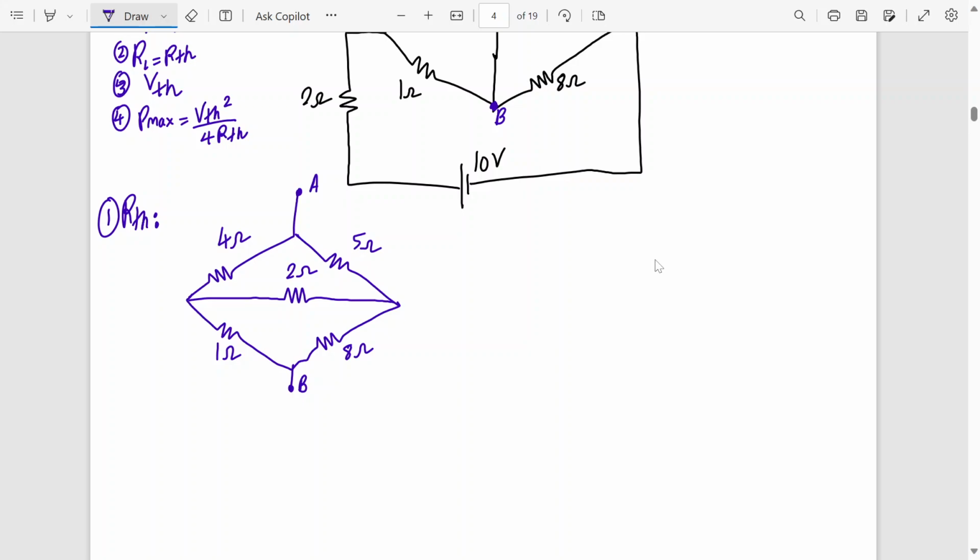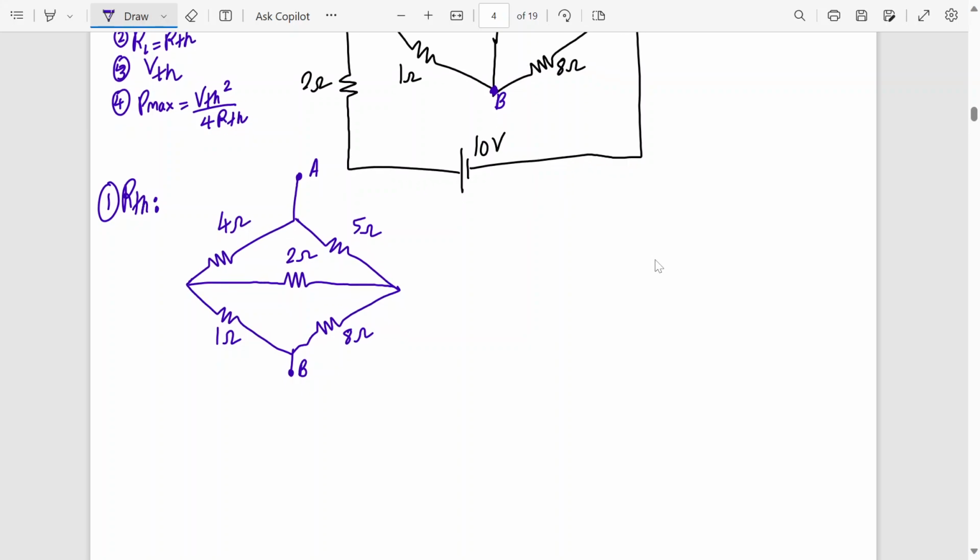They would have been in series if, let's imagine, this 2 ohm resistance was not present. Then how would we have drawn the diagram?